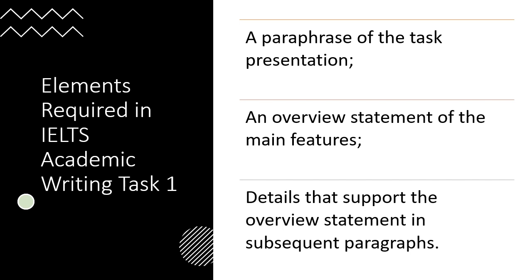The important figures are those that indicate the beginning, the peak, and the end of the period or process that the diagram represents. You should report the figures in descending order, starting from the greatest or highest number to the smallest or lowest.